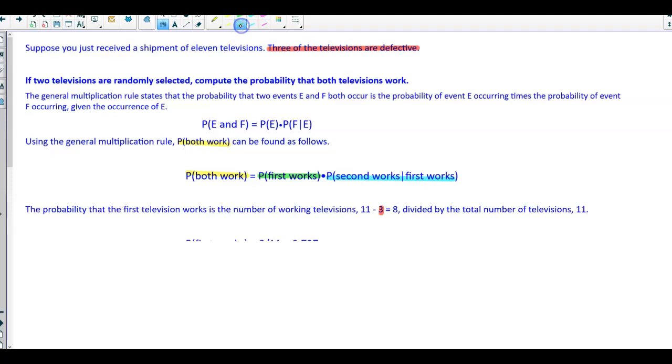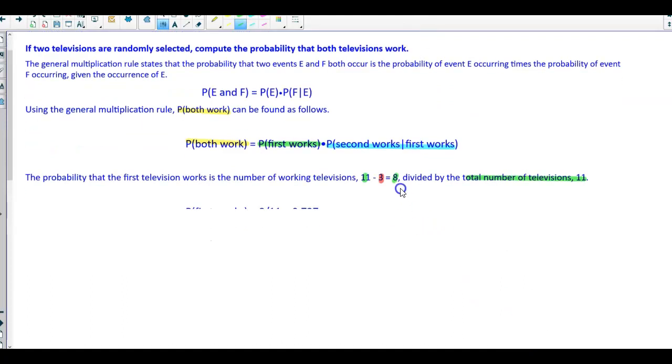Since 11 minus 3 gives us 8, that means 8 are working out of the total number, which is 11. So we want the ratio of 8 to 11. The probability that the first works is 8 divided by 11, which is 0.727.